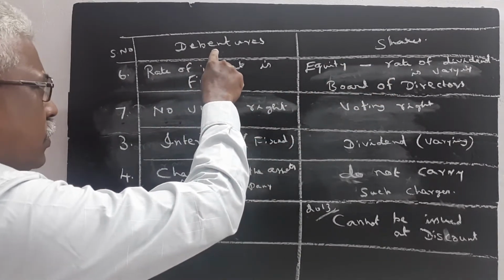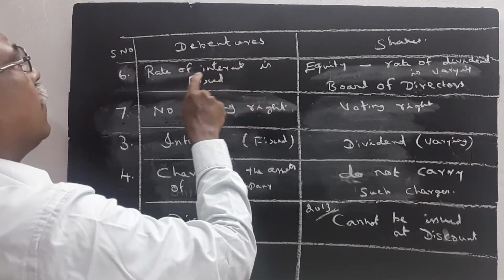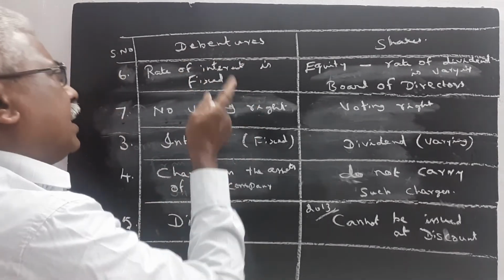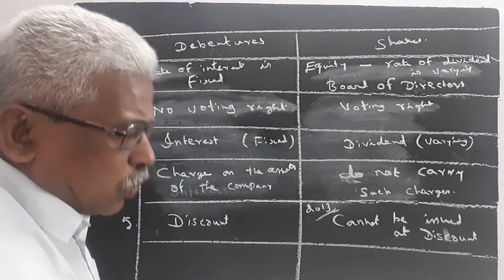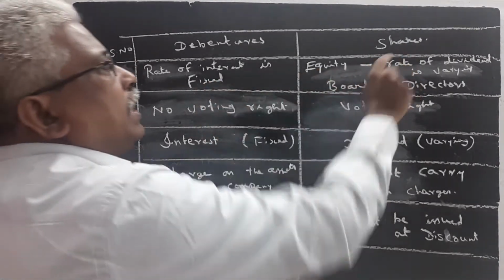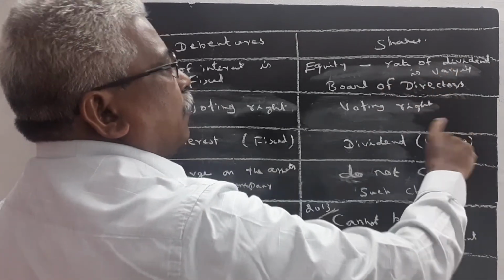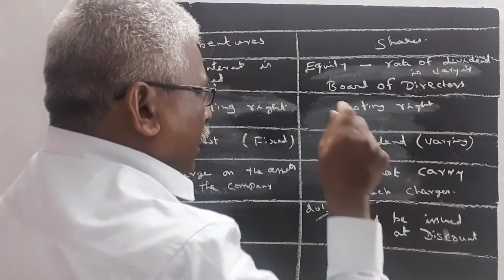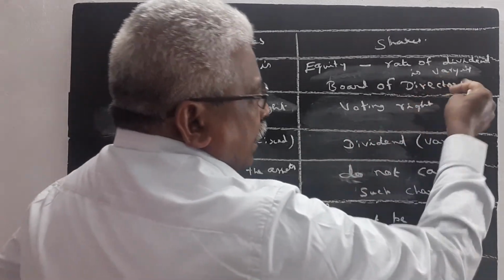Debenture holders are entitled to get the fixed rate of interest. But the dividend of the shareholders is varying. In the case of equity shares, their rate of dividend is varying.